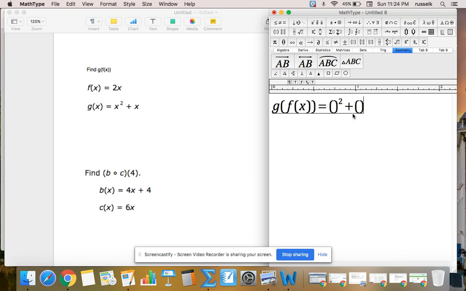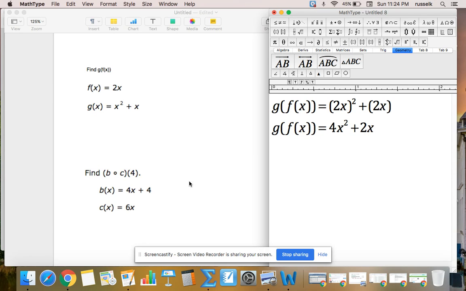And in each of those blank spots, I'm putting in the inside one, f of x. So I'm plugging in 2x into both of those spots. Simplifying those, I get 4x squared, and then plus 2x. Once again, if there are multiple x's, make sure you plug into both.